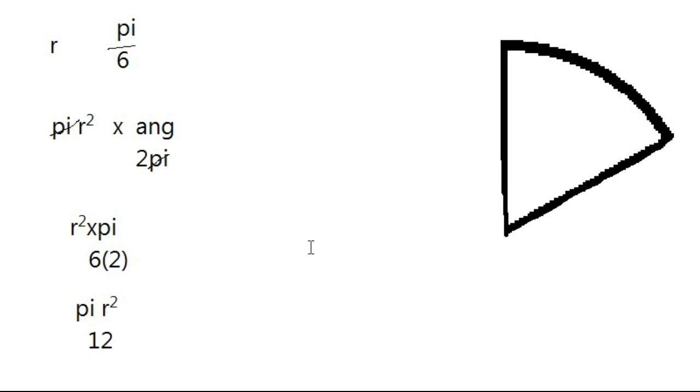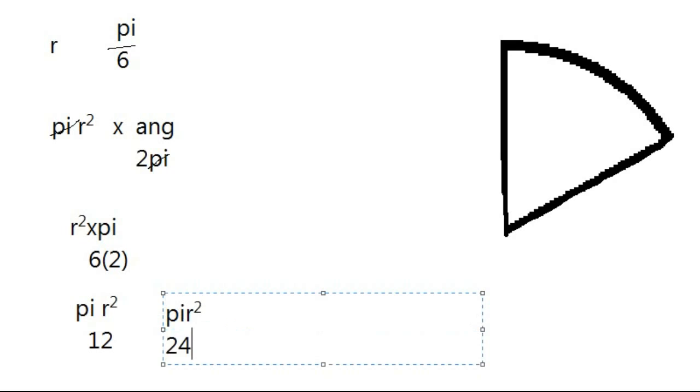Okay, so now that is the area of this sector. Now he wants to cut this thing in half, and so by cutting it in half, you want the area to be half, so it is multiplied by another 1 over 2 to get pi r squared divided by 24.